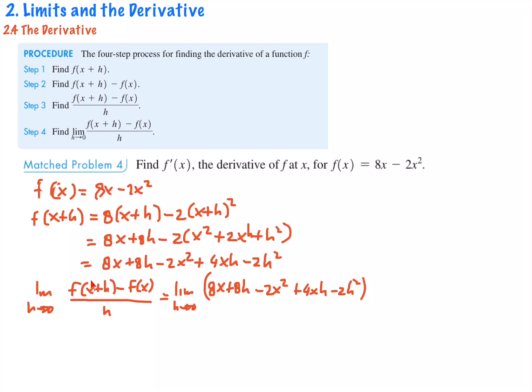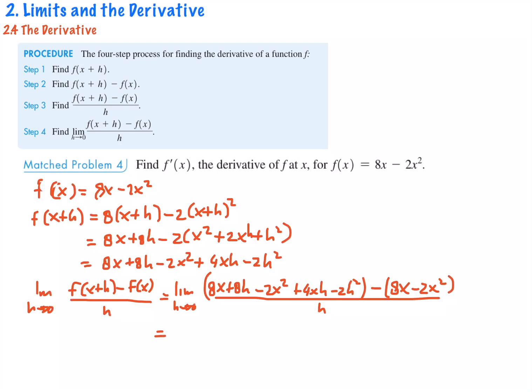This is the f of x plus h. Subtract this 8x minus 2x squared, 8x minus 2x squared, divided by h.